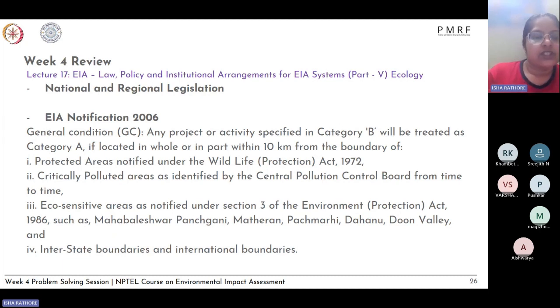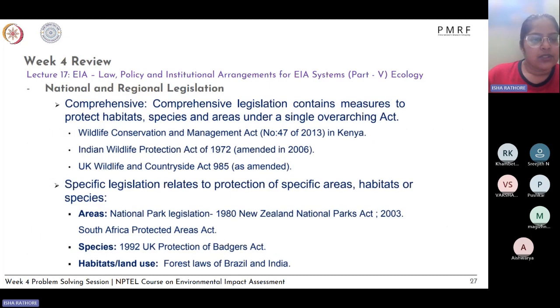And also, if it is located close to interstate boundaries and international boundaries, then any development happening within 10 kilometers from any of these areas will be treated as category A, and an EIA has to be done for that development activity, for that proposal as well, basically. So this was the EIA notification.